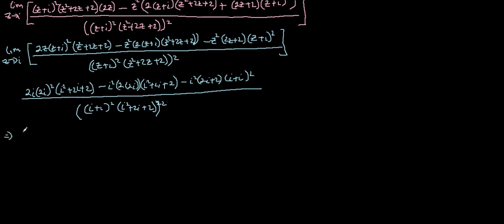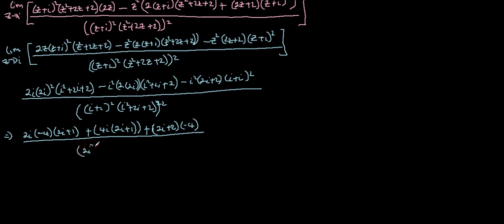So this implies that we have 2i into minus 4 into (2i plus 1), then this will be plus, we have 4i here into (2i plus 1), and this is plus 1 also, which there's no need to write the 1, and this is (2i plus 2) into minus 4, divided by (2i) squared into (2i plus 1) all squared.